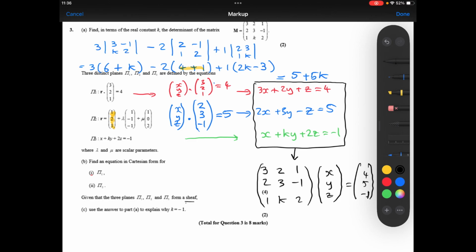Now, if they form a sheaf, there is not a unique solution to this equation. There's an infinite number of solutions because they are meeting on a line.